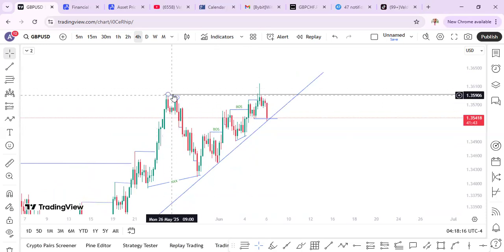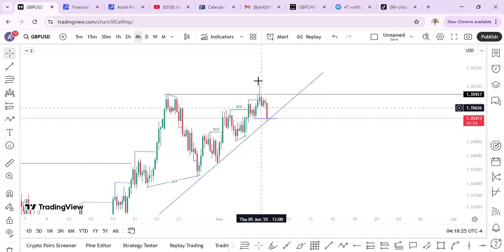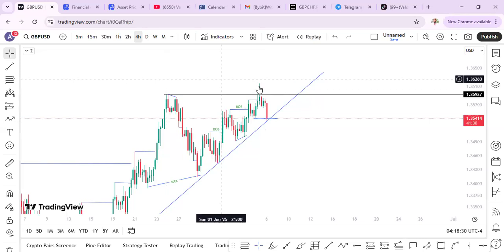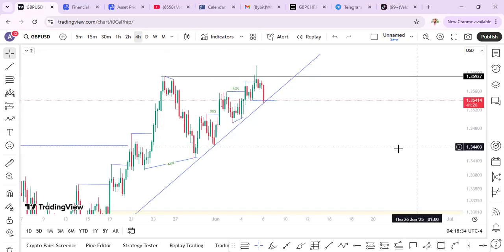I said this place is a target for price. So we can see that there was liquidity there. We have this 4-hour candle that swept the liquidity, and now when we see a liquidity sweep and price fails to close above it, we should expect a kind of reversal from that region.